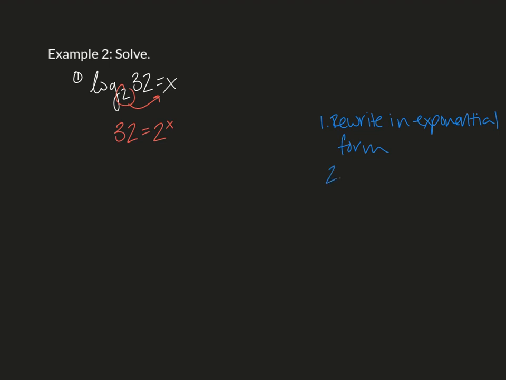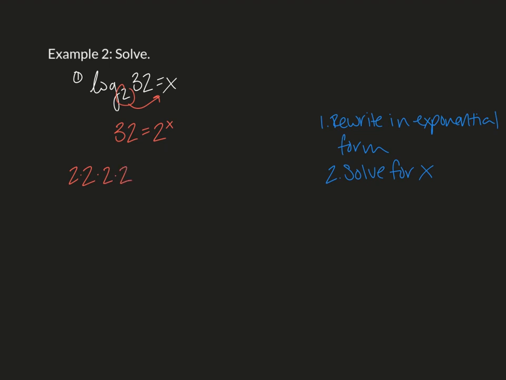Second step is pretty straightforward. It is just solve for x. So hopefully you remember, anytime we're doing powers, we're saying 2 to the power of something equals 32. So 2 times itself, how many times will equal 32? You can just check it on your calculator or however you want to do it. But if I do 2 times 2, that's 4. 4 times 2 is 8.